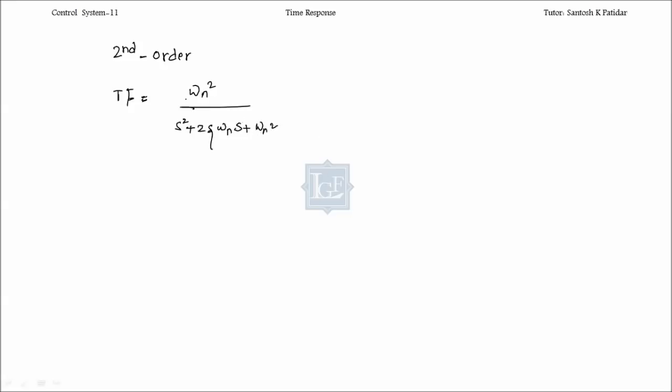Correct? This was the transfer function for the second order system. And where omega n is the natural frequency of oscillation, in radian per second.